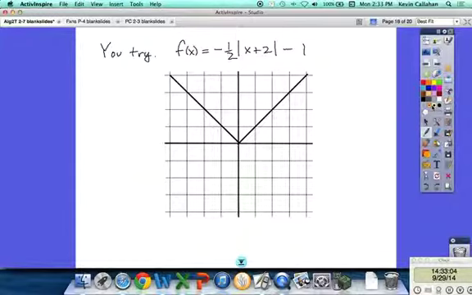We're not doing tables of values here, right? So what are you doing? You're just doing a table of values. So it's left 2, down 1. You definitely got it opening down.